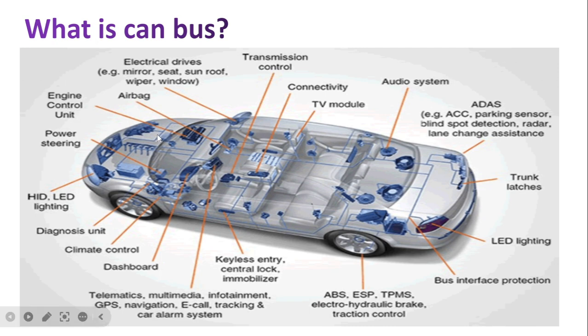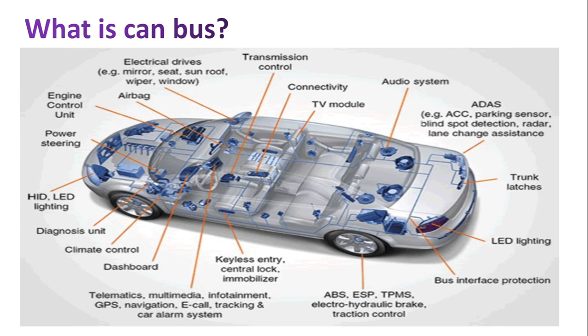Here is the power steering unit, here is HID and LED light, here the diagnostic unit is present, climate control devices are here, the dashboard of the car is here, and keyless entry and central locks are here, transmission control is there, connectivity is from here, TV model is there, right? So the different features which cars have, or which we provide to the car, are categorized here, right?